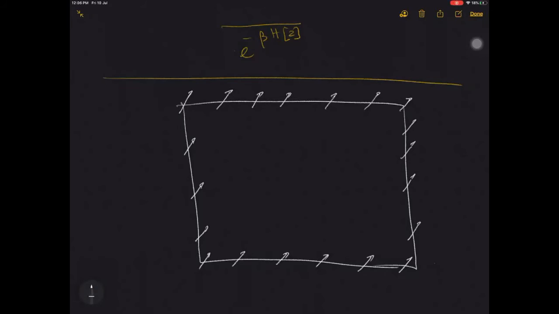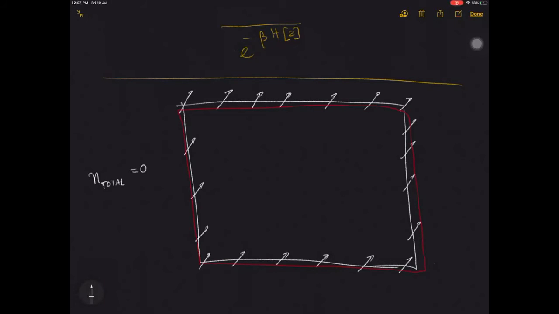I could change this to a twisted boundary condition, which can also be engineered in a superfluid or superconducting system using a magnetic field, but let's stay away from that. If I take a path along the boundary of the system, then the total net vorticity is equal to 0.